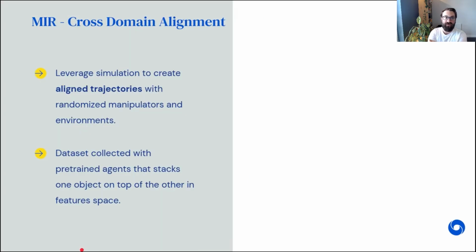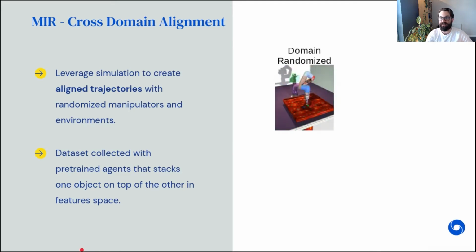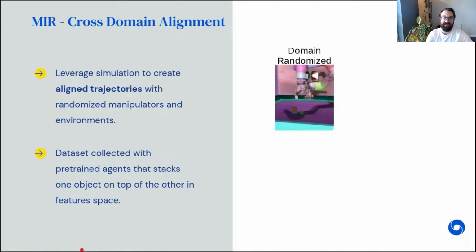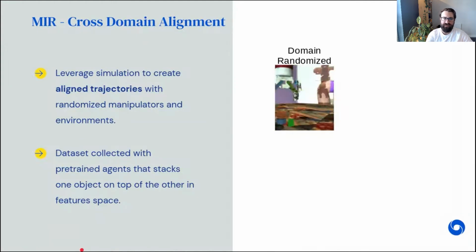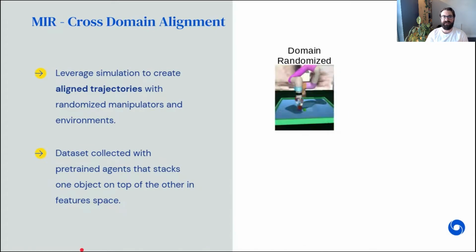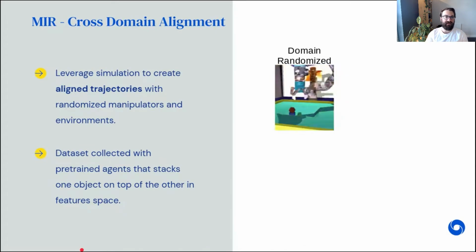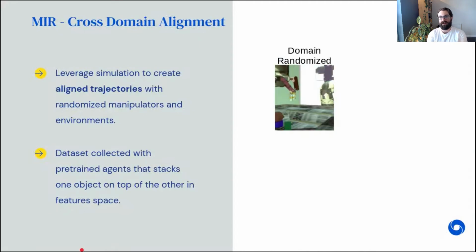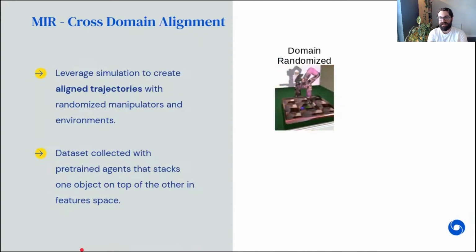For cross-domain alignment, what we did is we leveraged simulation and domain randomization, by augmenting simulation in 3 different ways and providing aligned trajectories that way. So we start from our domain randomized environments, which are obtained by starting from a canonical environment and randomly changing object textures and colors, light intensity, ambient colors, and camera poses, which were also slightly perturbed.